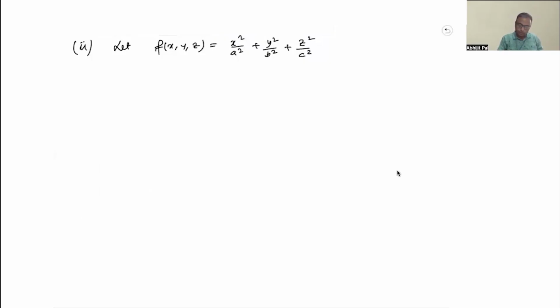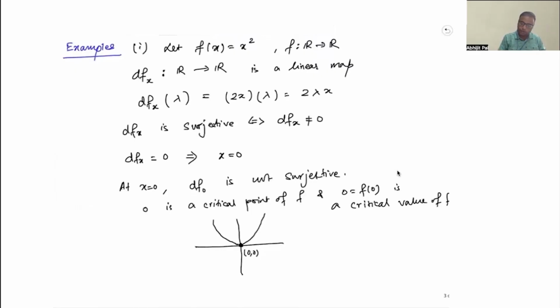Okay, in the earlier example you note that if I take any x not equal to 0, f(x) equals x square.